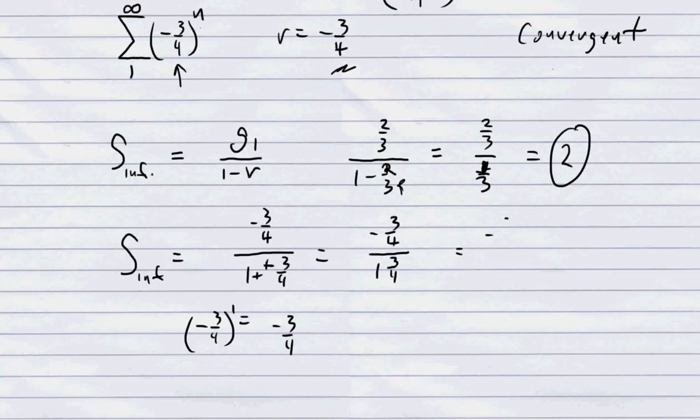So that's -3/4 over 7/4, and we multiply by the reciprocal to simplify, the 4's cancel out, and we get -3/7 as the sum of that series. And again, that is the exact value. So that's how you find the sums of infinite geometric series that are convergent.